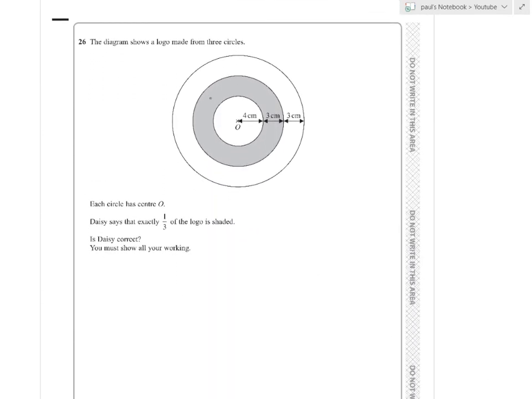The diagram shows a logo made from 3 circles. Each circle has center O. Daisy said that exactly 1/3 of the logo is shaded. Is she correct? Let's do the big circle. The big circle is pi r squared.